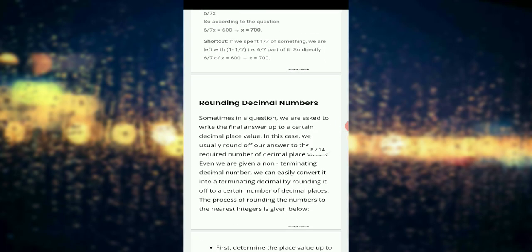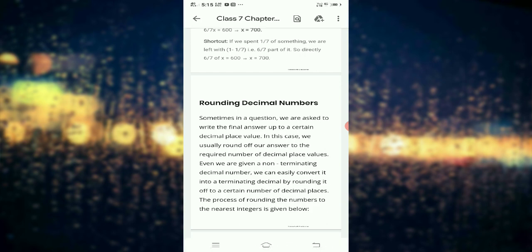Well, student, rounding decimal numbers. What is this? Let us have some discussion over this. Sometimes in a question, we are asked to write the final answer up to a certain decimal place value.